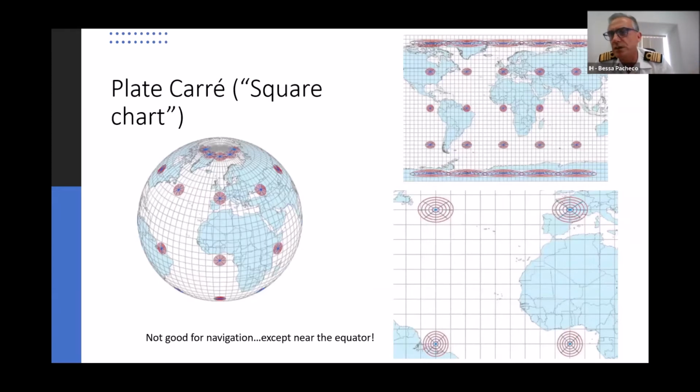And so the square chart is, if we took it as some authors were thinking about what the square chart was, the closest we have, of course, is the plate carrée projection, where the degree of meridians and parallels have exactly the same length.